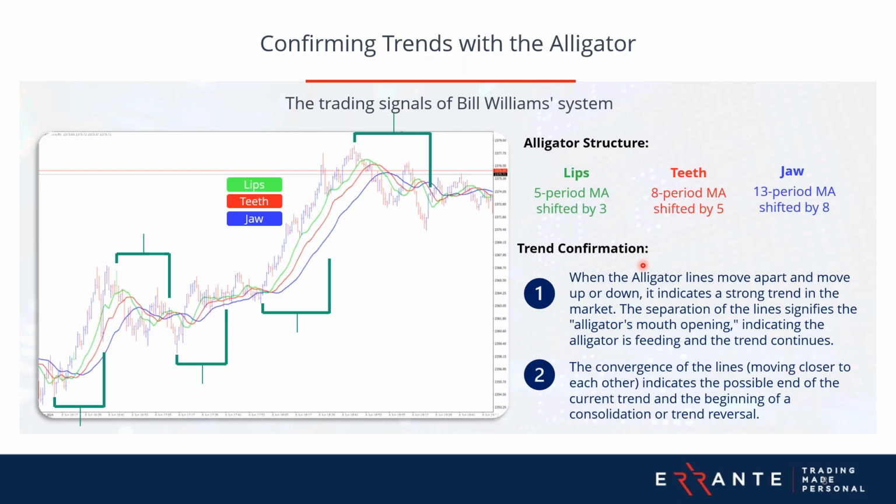However, back to our discussion, when the lines converge, it suggests a possible end to the trend or a period of consolidation. So we use the divergence and convergence of these moving averages to measure the market's momentum.